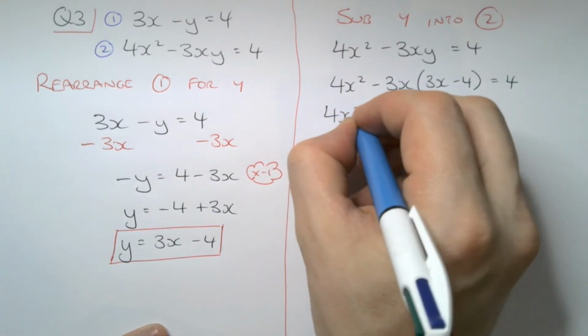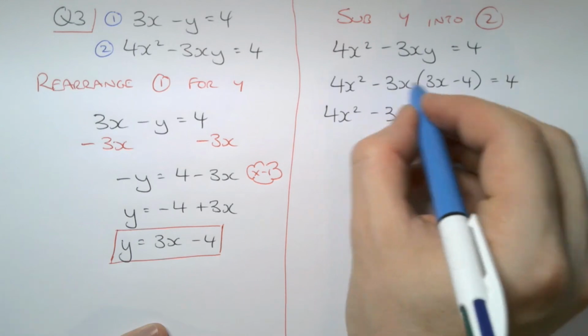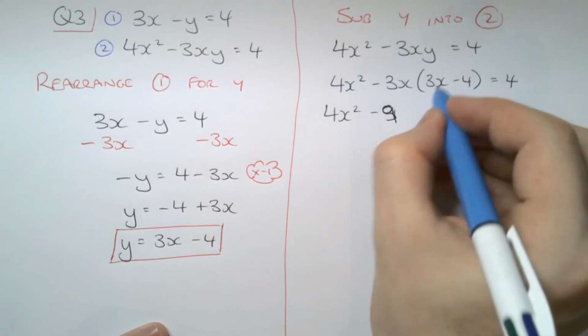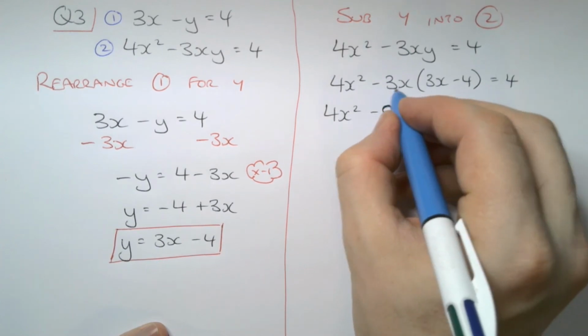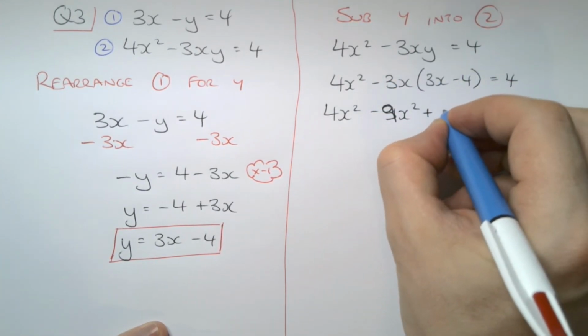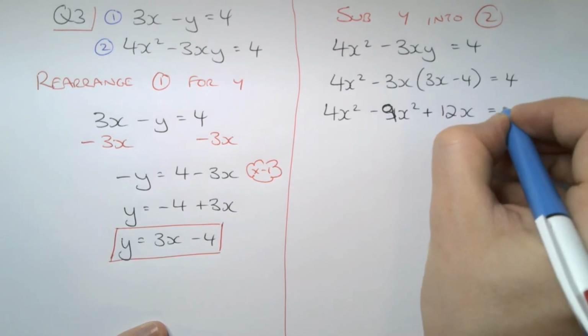So I have 4x squared, minus 3x by 3x is minus 9, and x by x is x squared. Minus 3x by minus 4 would be plus 12x equals 4.